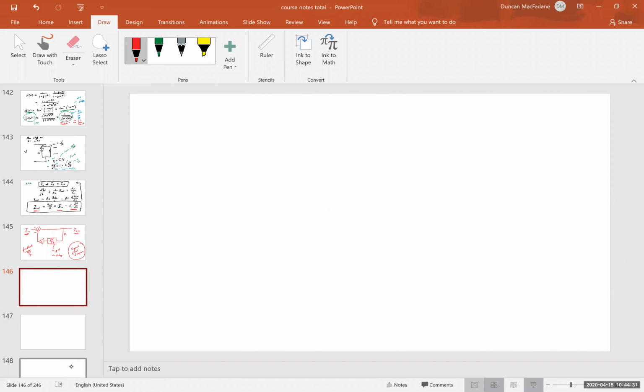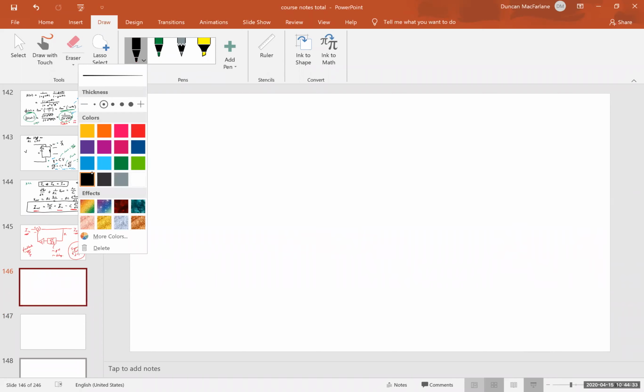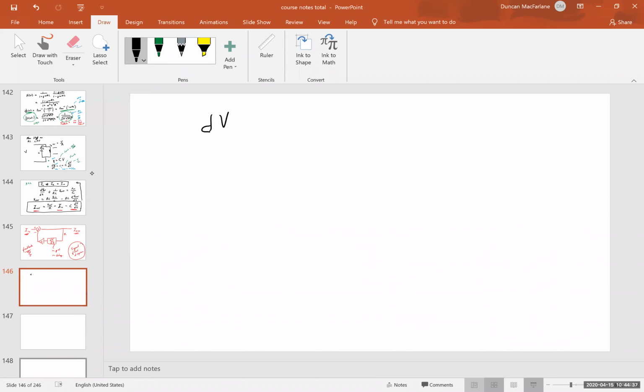So the equation I want to turn to is this one here. And this is the equation that all I did here was put in the terms for the current where they went, and out popped this equation.